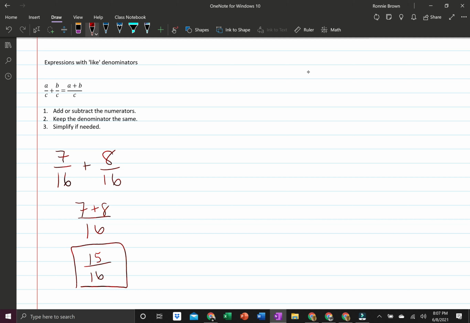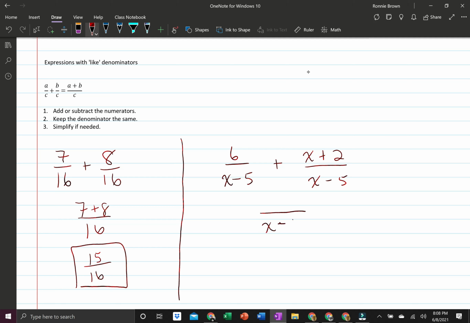Another example may say 6 over x minus 5, and then here we have plus x plus 2 over x minus 5. So you're looking at this and you're saying to yourself, okay, they have the same denominator. When they have the same denominator, we're kind of on easy street a little bit. We write them over that same denominator, x minus 5.